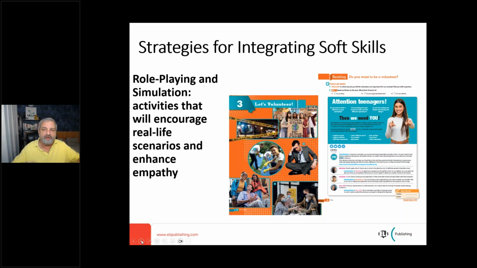And what you can do is getting them to think about how they interact with somebody else, playing the role of a different person, helps to give them the confidence that they can empathize and use these soft skills in everyday life. Role-playing simulation, it's probably the strongest thing that you can do to work with your students to get them practicing and get them comfortable.